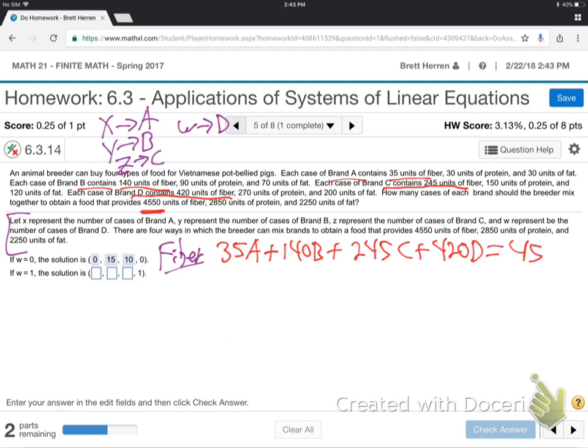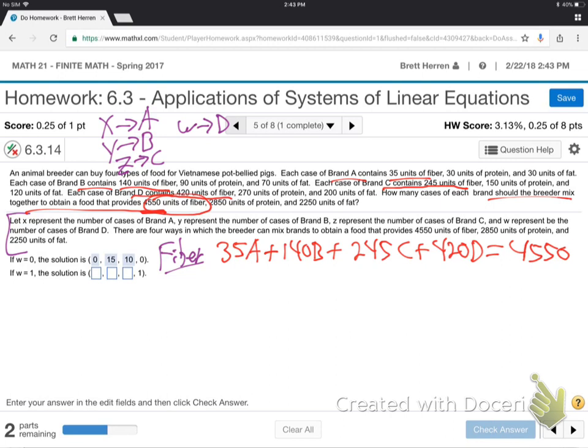They need to get 4550 fiber. Mixed together to obtain 4550 fiber. See, that's a fiber equation. Am I confusing you? Do you see how I worked that through as the fiber equation? I took the fiber fact from A, B, C, and D and set it equal to the fiber total.